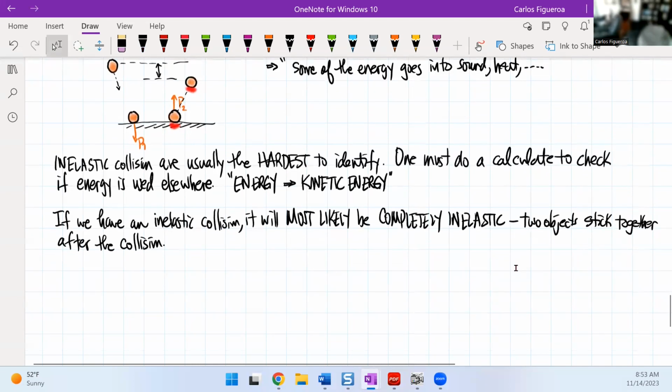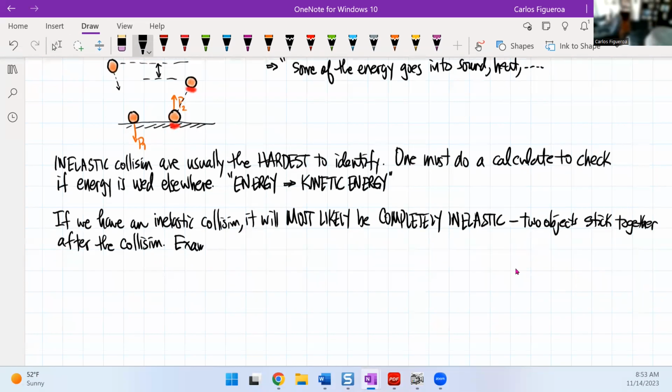So a good picture would be something like this here. As an example, you could imagine that we shoot a bullet into a block. I imagine that I have a bullet, right? Here's my bullet.